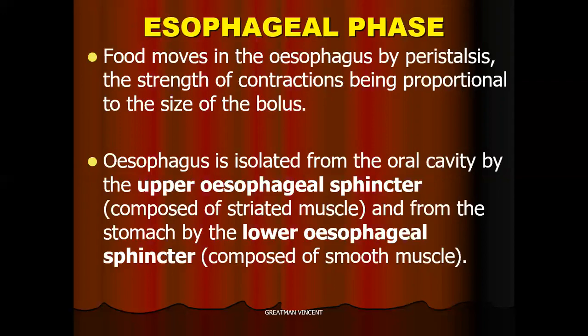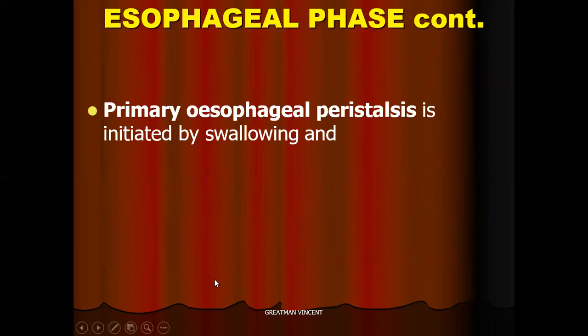The esophagus is isolated from the pharyngeal phase by the upper esophageal sphincter, and from the stomach by the lower esophageal sphincter. I'll take you through these in a more diagrammatic way.